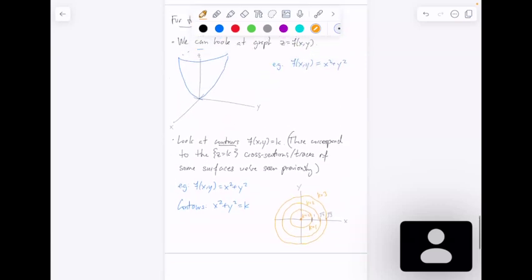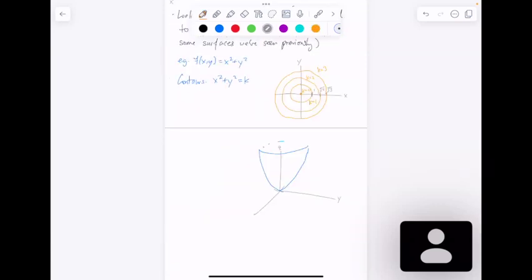And what we're seeing is, once again, you're slicing this at constant z, although in this particular case, it might be useful to imagine that you have this picture down here. So you have these contours all down here, and the kth contour, the contour at f is equal to k, gets raised up to here at z is equal to k.